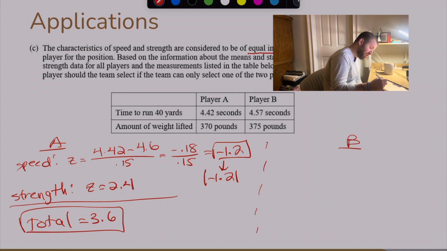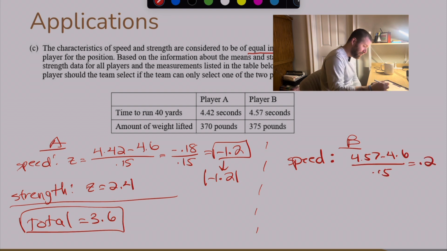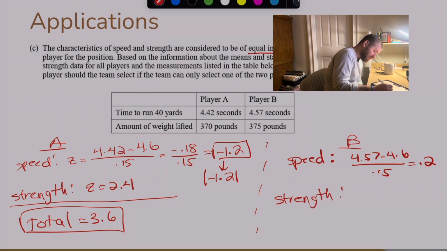So now for player B, right, for their speed, we have 4.57 minus 4.6 over 0.15, which gives me a z-score of negative 0.2. For their strength, they're slightly stronger. 375 minus 310 over 25, which I believe gives me a z-score of 2.6.